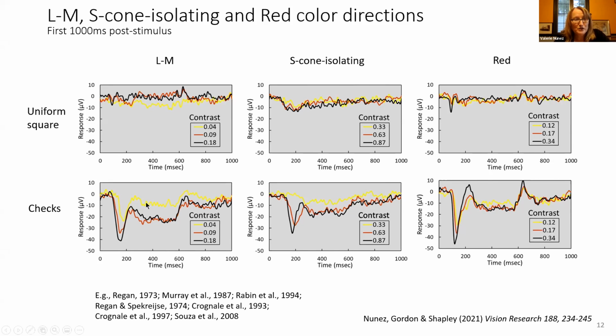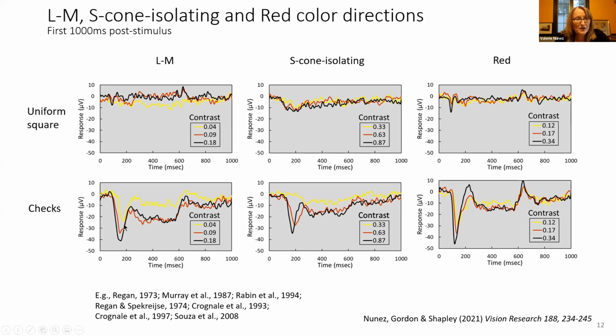A large checkerboard response was evident for all three color directions. The magnitude of the checkerboard cVEP is much larger than for the square. This agrees with Regan 1973, who found that checkerboard cVEP responses were approximately 5 times larger than to a patternless field. It also ties in with there being fewer single opponent neurons in V1 than double opponent neurons.